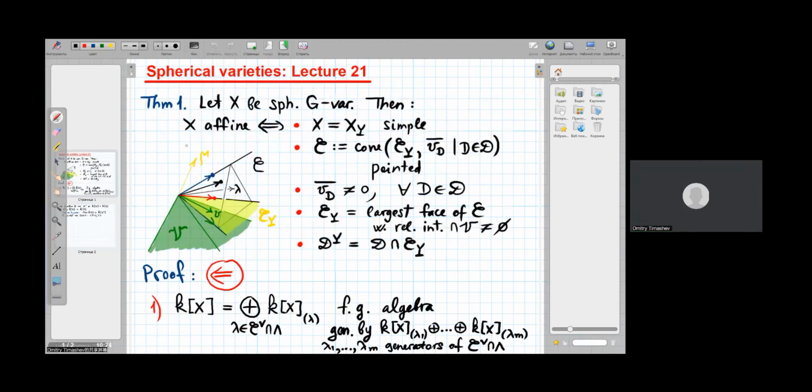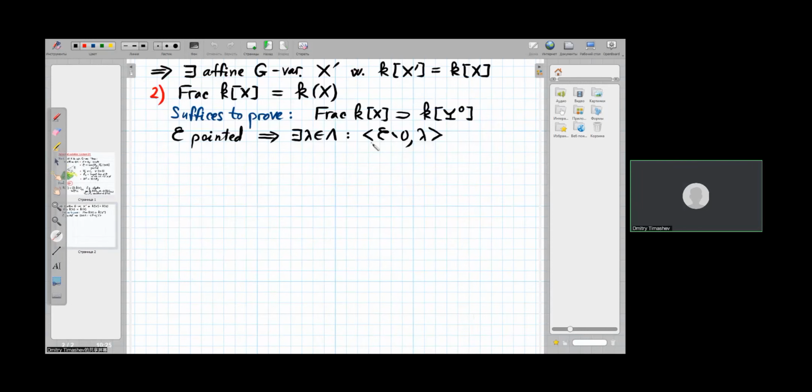On the picture, you can imagine this lambda as such a vector. The hyperplane on which lambda vanishes intersects the cone C only at 0, and the whole cone C lies on one side of this hyperplane. So this weight lambda satisfies the property that its pairing with all vectors in C except 0 is strictly positive.